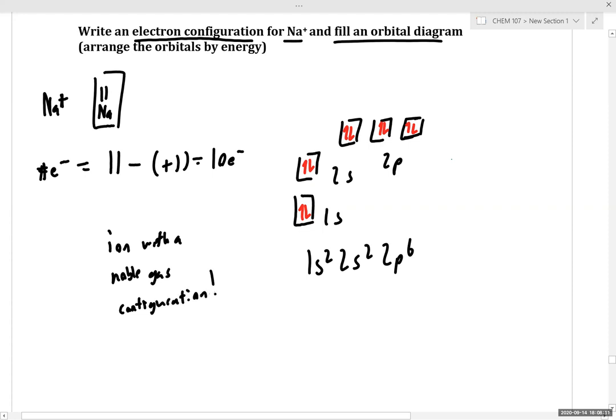This is an overwhelming trend that we see when we look at the electron configurations for most ions. Does this example make sense? Perfect.